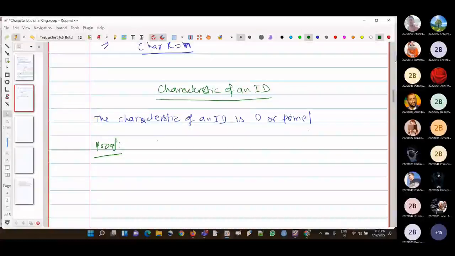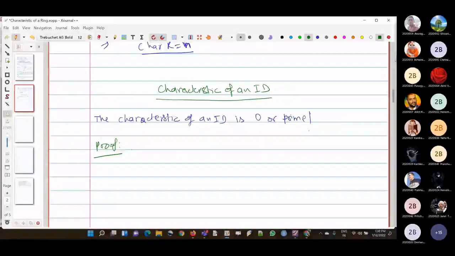Proof is that in view of the last theorem, we know that an integral domain has identity. Hello, do you remember? Yes, sir. It has identity, and it is also commutative because we chose the definition where the ring was commutative with identity.